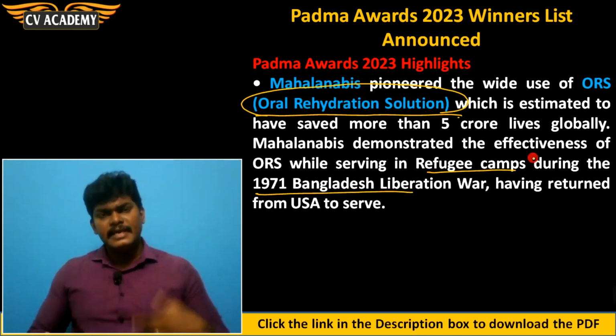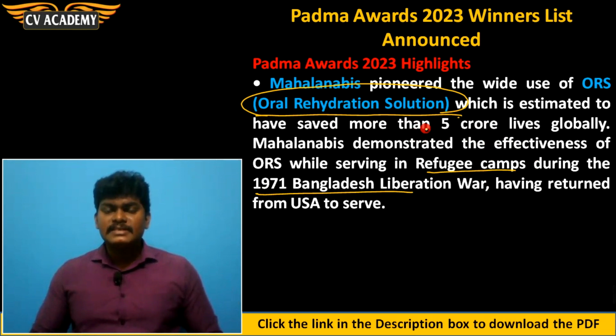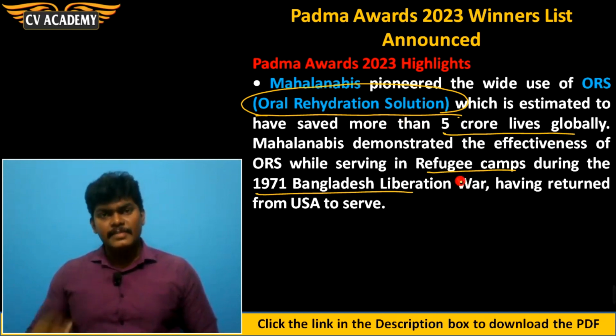Then after that this ORS solution had saved more than 5 crore people globally. So behind that invention, Magalanobi sir is there. So for him also, now he is dead, Padma Vibhushan Award is given. Previously, before 1971 he had worked in USA. After that he had returned to India.